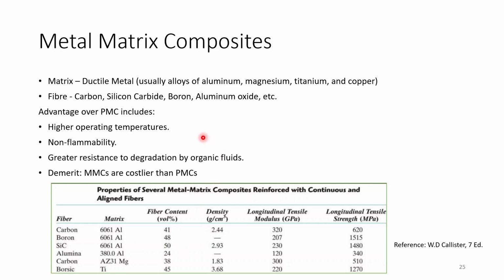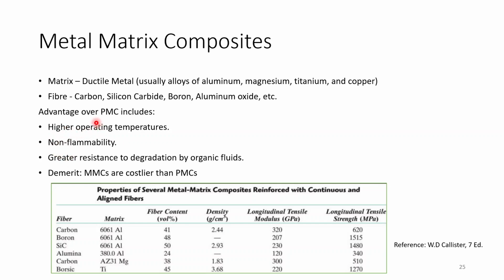or aluminum oxide, etc. And advantages over PMC. Compared to polymer matrix composites, you have here higher operating temperatures, and these are non-flammable.